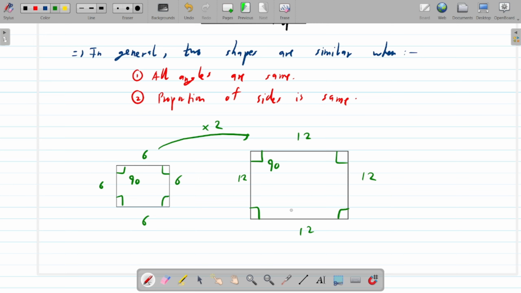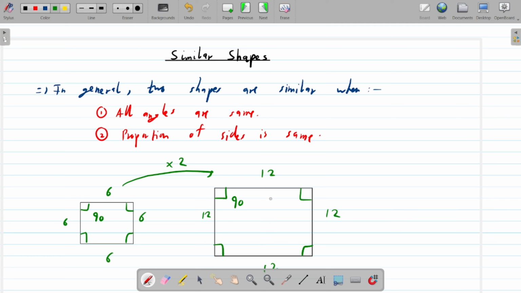We can also take a rectangle, or a triangle. A triangle has some different rules to it. We're going to get to that in a second. One thing to remember is that generally, in two shapes, both of these conditions must be present for shapes to be similar.